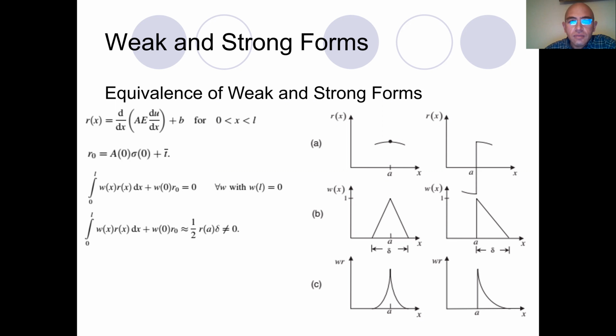Certainly, what we imply by the weak form is that the weight multiplied by the residue plus the weight at 0 multiplied by the residue at 0 has to be equal to 0.